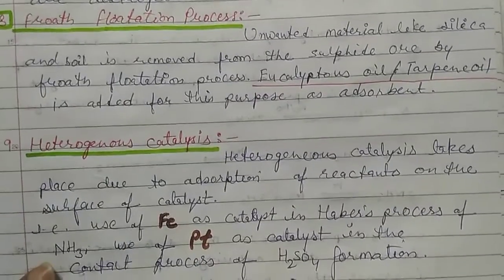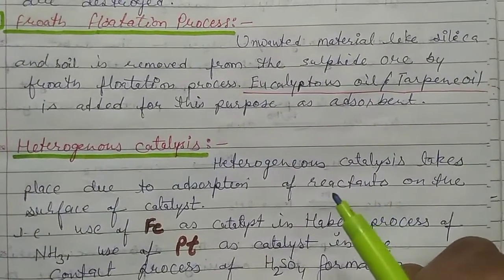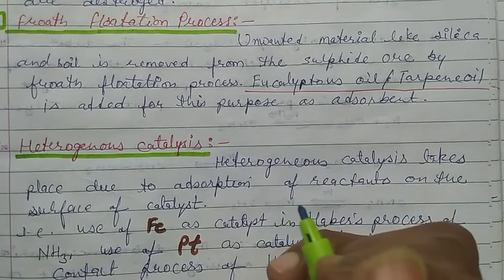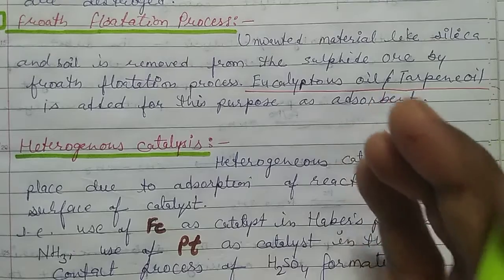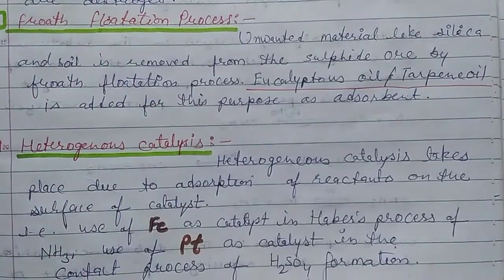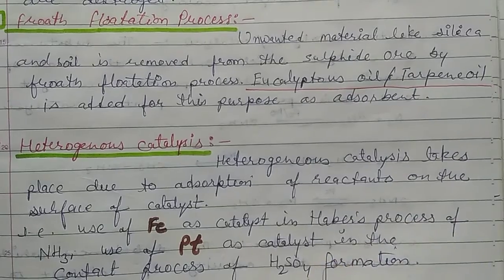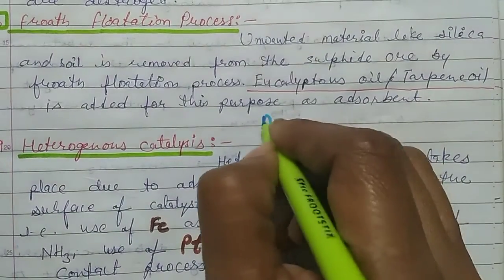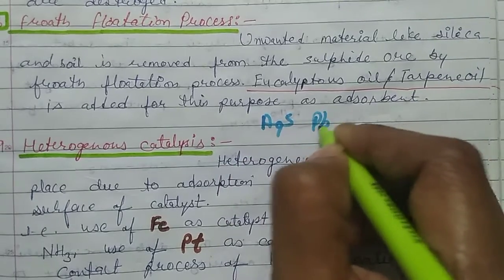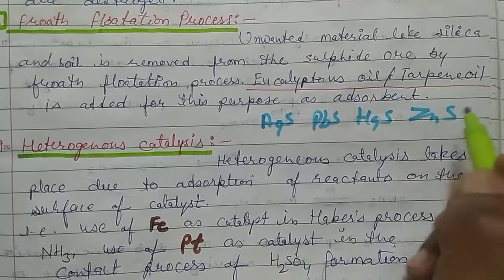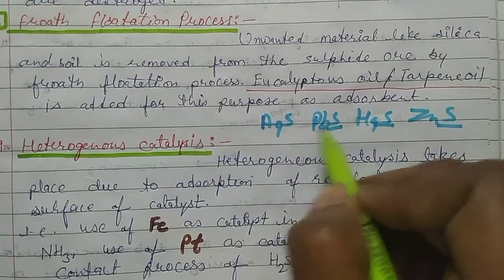The froth flotation process is used to concentrate sulfide ore. Sulfide ore means sulfide compounds like PbS, Ag2S, HgS, ZnS; these are all sulfide ores.